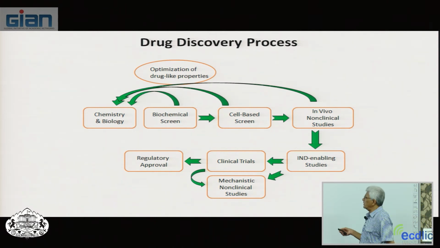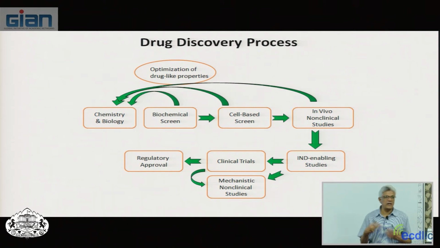So the drug discovery process is always a balancing act. You will go from chemistry, biology to biochemical screen. If that doesn't work, you always need to go back to your chemistry, biology to fine tune the structural motifs. Then you move on to the cell-based screen.